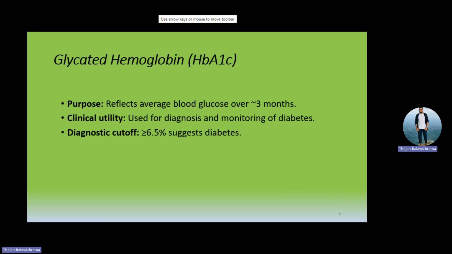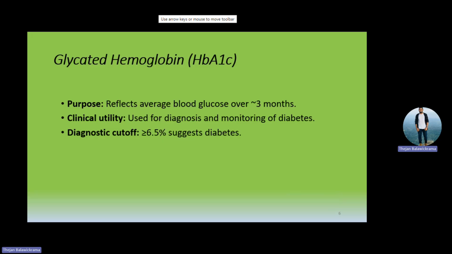Now, like I told you before, the accuracy of these tests cannot be guaranteed. So we do the test over 3 months.